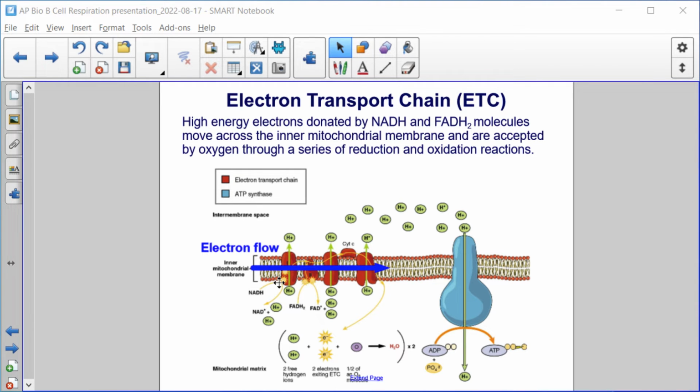As they flow through the electron transport chain, they're using up their energy, and over here, they're accepted by oxygen through the series of reduction and oxidation reactions that occur. So we'll talk more about what happens here at the end, but just see that these high energy electrons are being produced here, traveling through the electron transport chain, and are accepted in the mitochondrial matrix by oxygen.